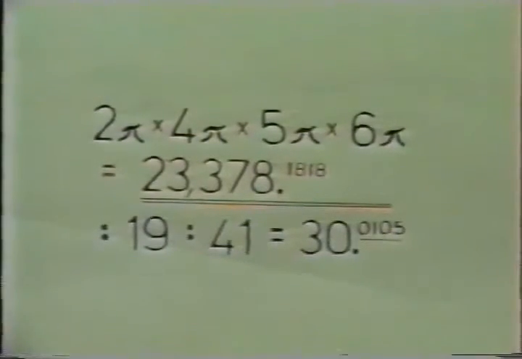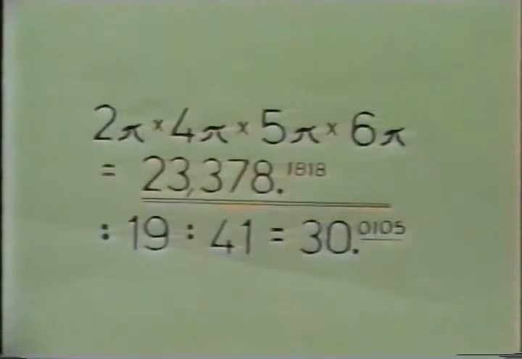Multiplied, we find this large irrational, a single number. What does it mean? Nothing at all, unless one is careful to notice that there are 3 other numbers which also multiply to meet it. The numbers 19, 41, and 30.0105.